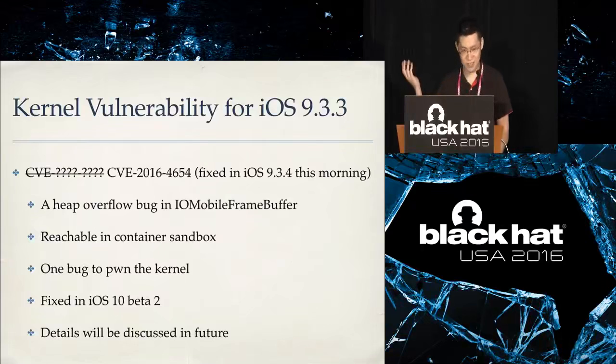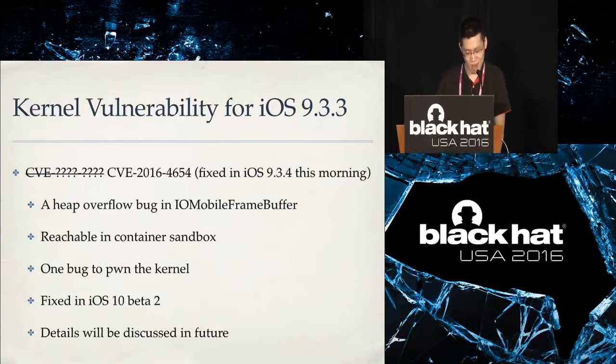So here's the CVE number: 2016-4654. I think the test team of Apple should thank Black Hat for putting our talk on the second day, so they had one more day to do the test.